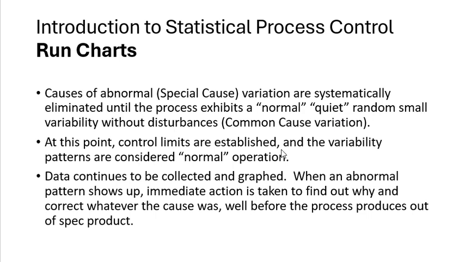Because at this point, control limits, and I just told you about these limits, the upper and lower limits, your variability patterns are pretty much considered normal operation if your data points are within those limits.